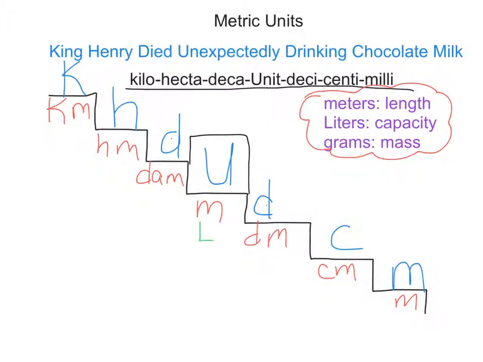And so from here, we would continue on looking at our units, and now we have liters, and we would go back up the staircase and start with a K, and kiloliters, hectoliters, decaliters, then we have liters, deciliters, centiliters, milliliters. And then, of course, we would do the same thing for grams, going up our staircase, starting at the top.